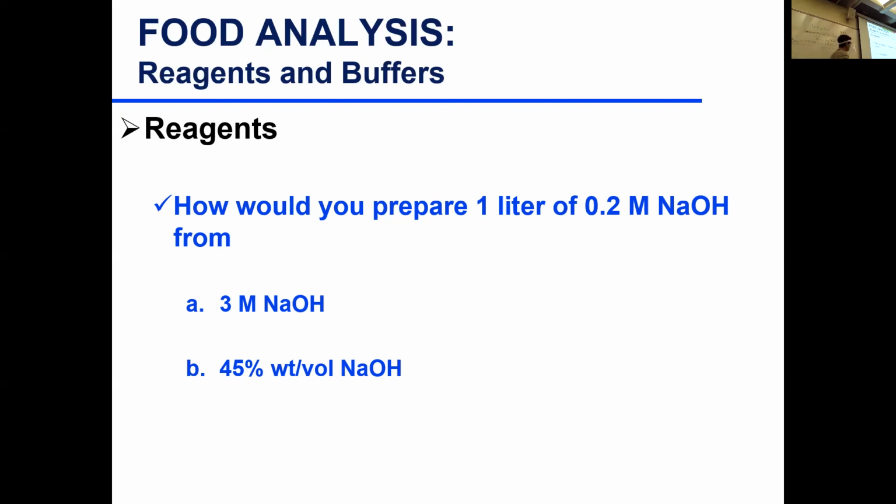So the trick here for you is to convert the units. And always remember, molarity is in a liter. So if this is a percent, that means it's in 100 milliliters. So I need to multiply by 10, so I get it in a liter instead of 100. I want it in 1,000.